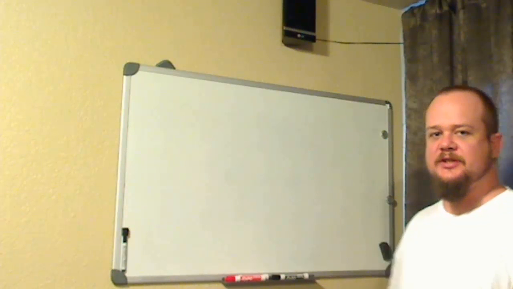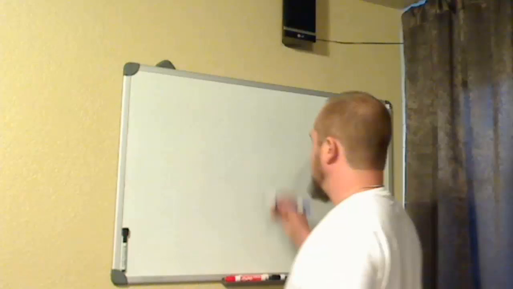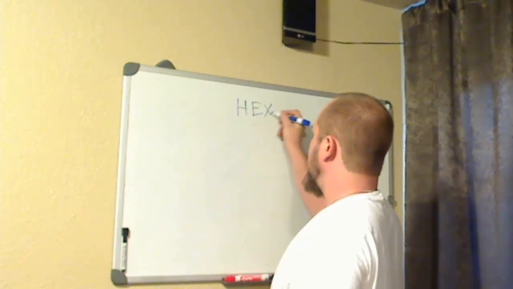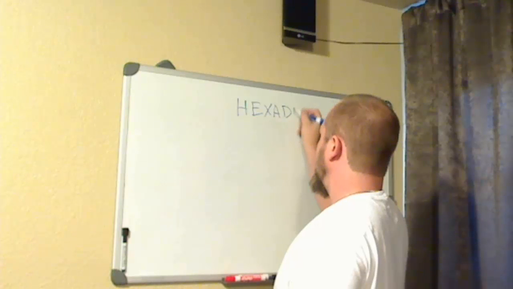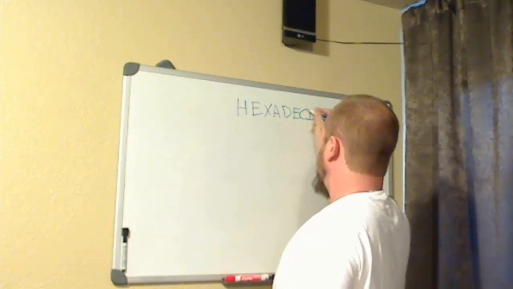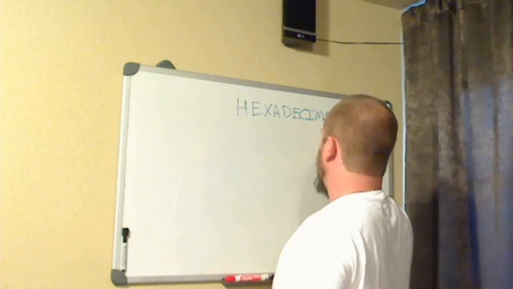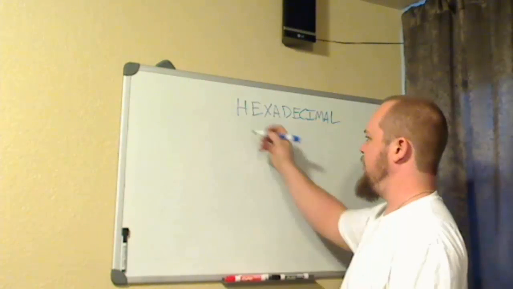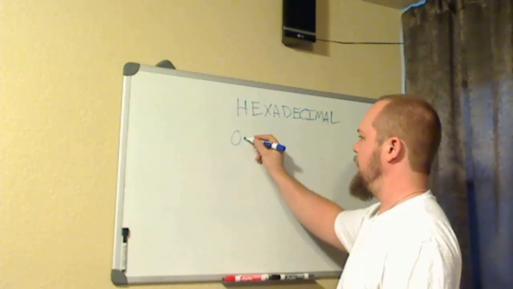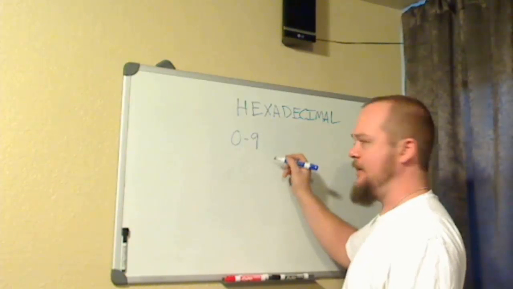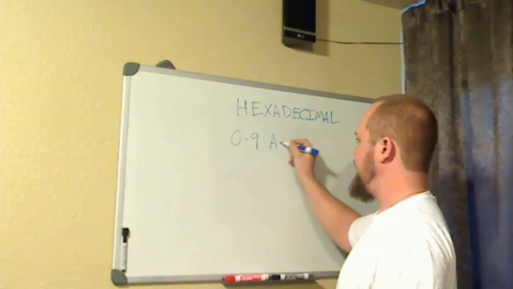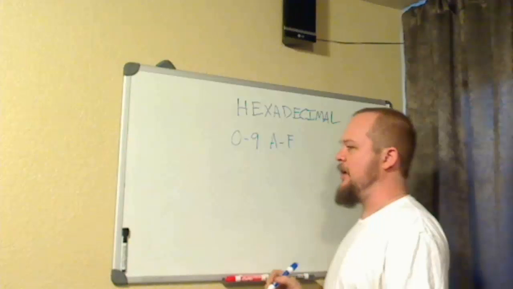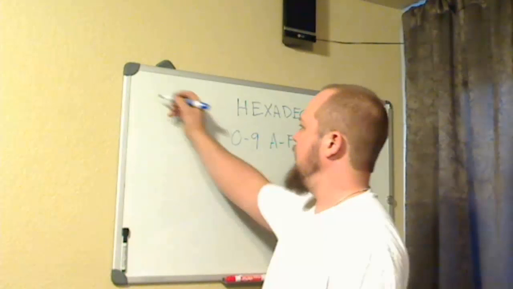Hi, let's discuss hexadecimal. Hexadecimal has digits ranging from 0 through 9 and A through F. A through F have corresponding numbers that they equal.